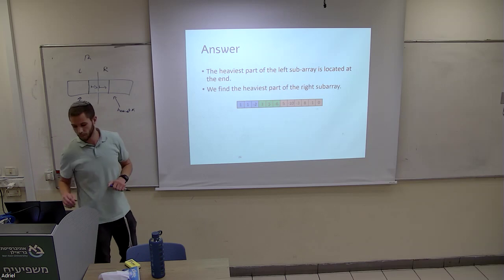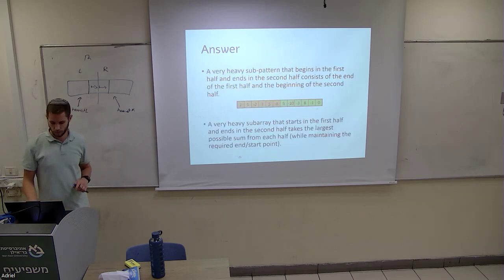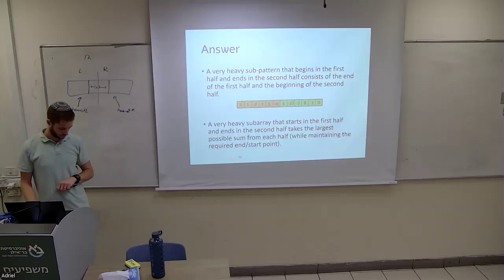Okay, this is the sum. And on the right side, we start from the middle. If we get a positive number, we continue, and if we get a negative number, we stop.